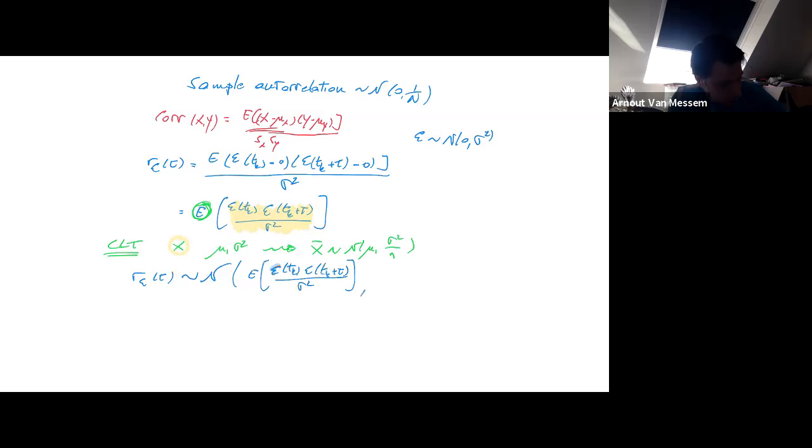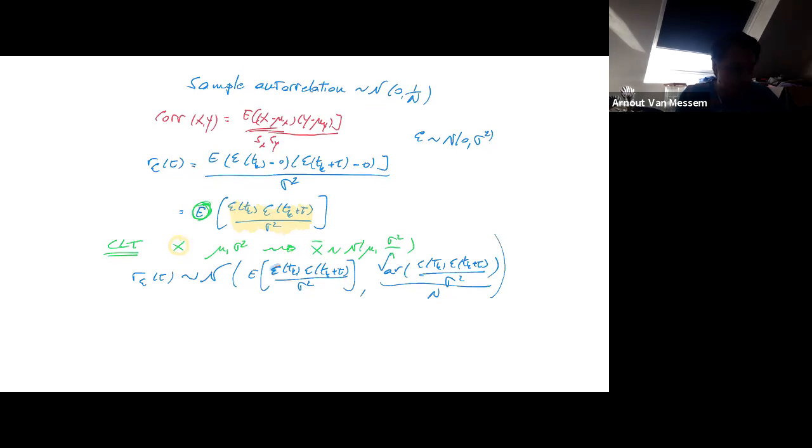And the variance will be the variance of the yellow thing, epsilon tk times epsilon tk plus tau over sigma squared, divided by the number of points, so divided by capital N in this case. And now we have to calculate the mean and the variance.